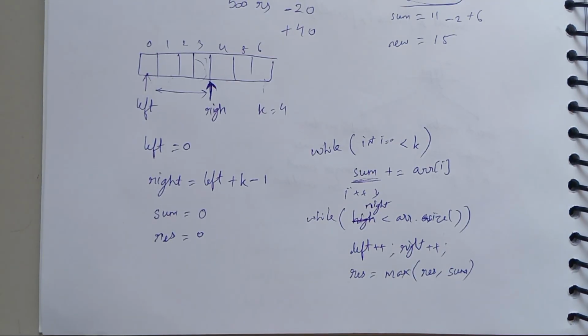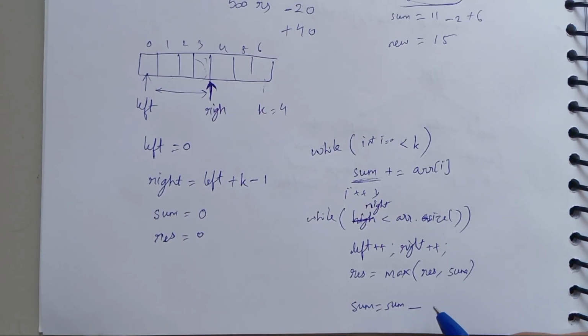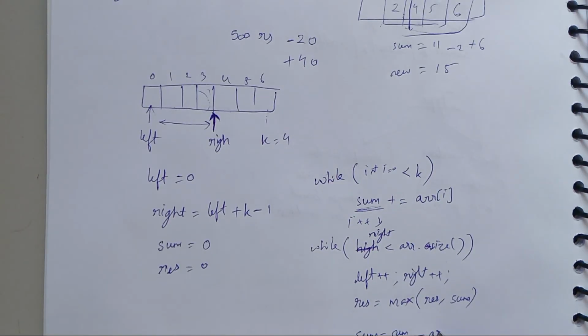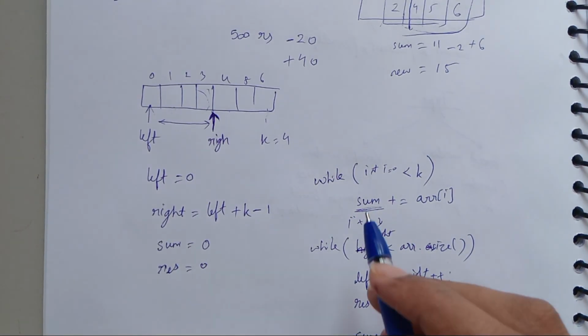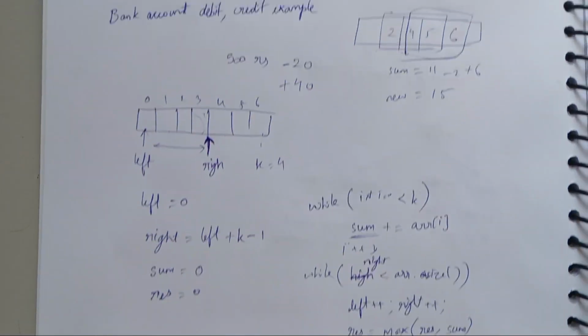And now we calculate the current sum. The current sum is equal to the initial sum minus the previous element. So minus arr of low minus 1, because if this is low we need to remove the previous element and add the next one.